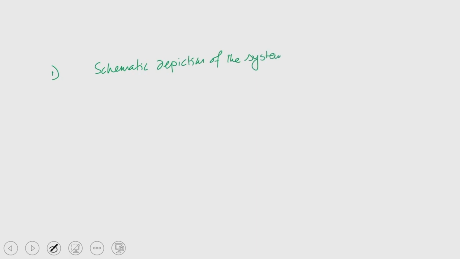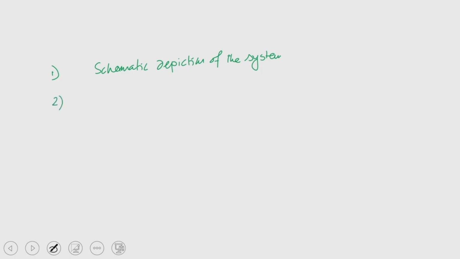This is very important. If we can schematically identify the system, perhaps it will help us to identify several processes.